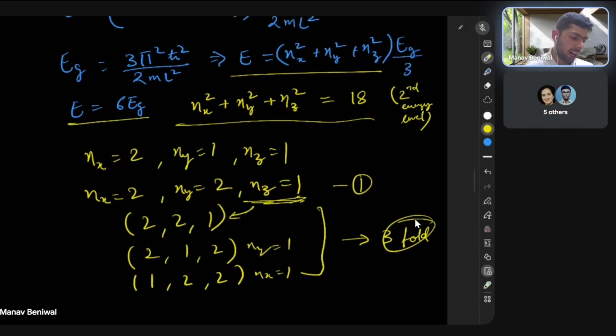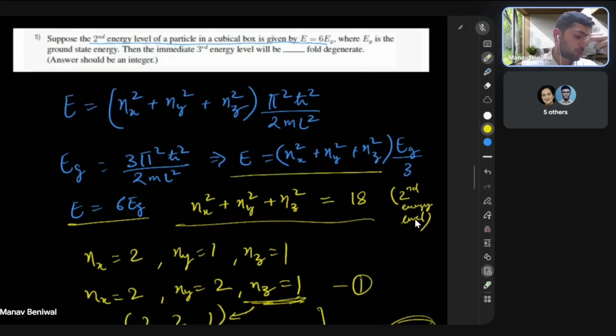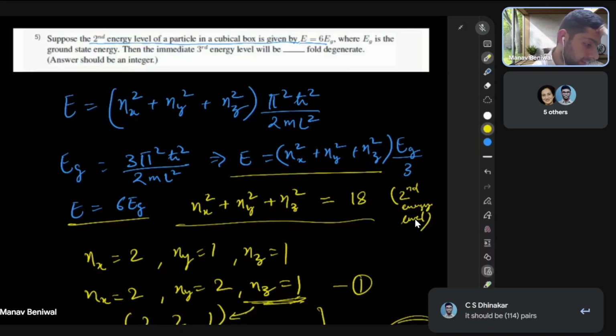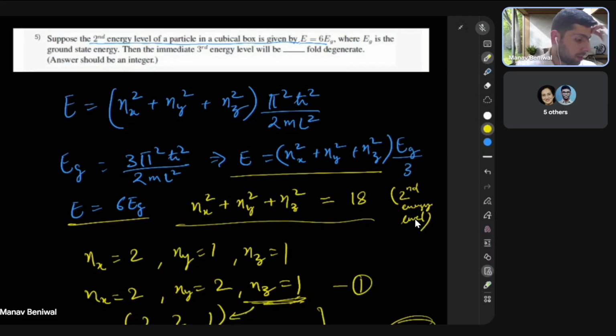So either I can think that maybe there is some error in the problem, some typo, that this should not be 6 times EG, it should be 114 pairs.